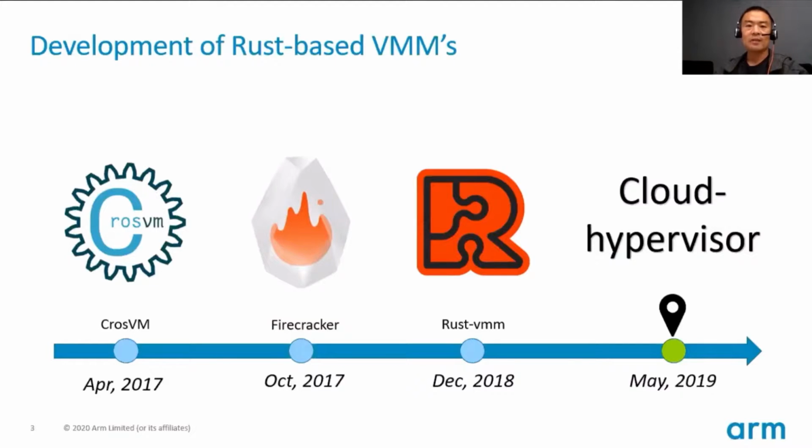In the very beginning, Firecracker was forked from CrosVM, but it became different soon because Firecracker aimed at a different use case, that is, lightweight virtual machines or micro VMs. Micro VMs are used for creating multi-tenant containers and microservices.